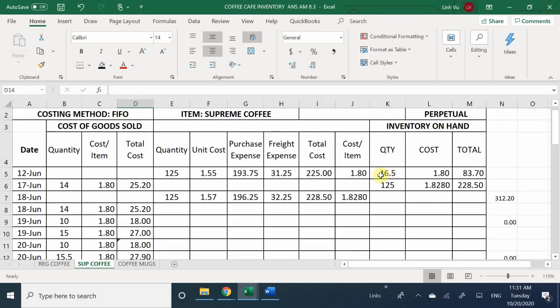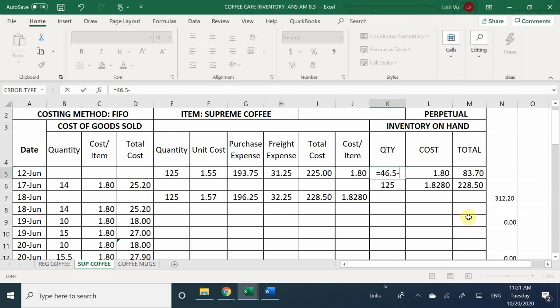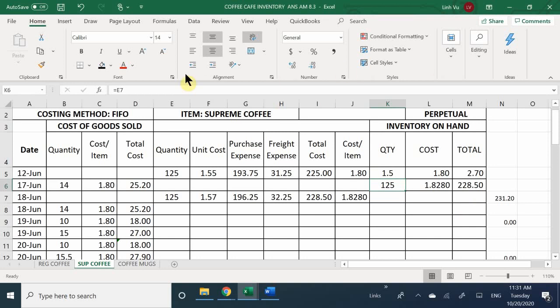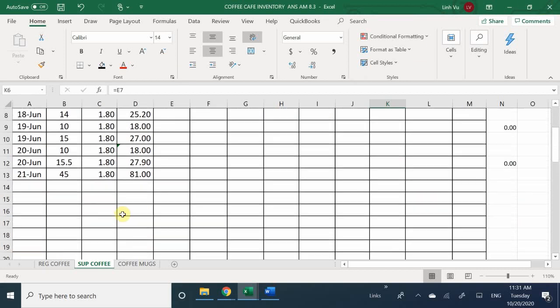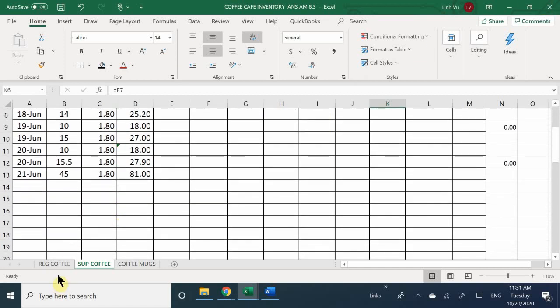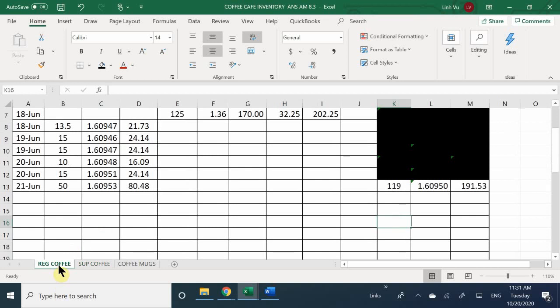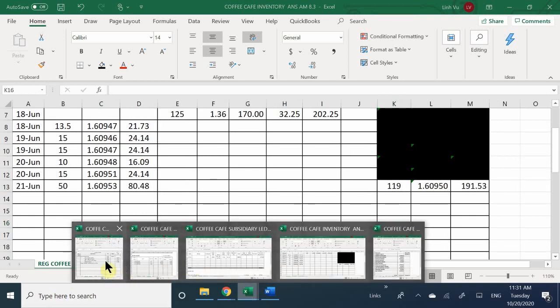We no longer have 46 and a half. Minus 45, we only have 1.5 left remaining for 270. Bringing our grand total to $231.20 left in inventory. So we sold $81 even, and we sold $80.48.